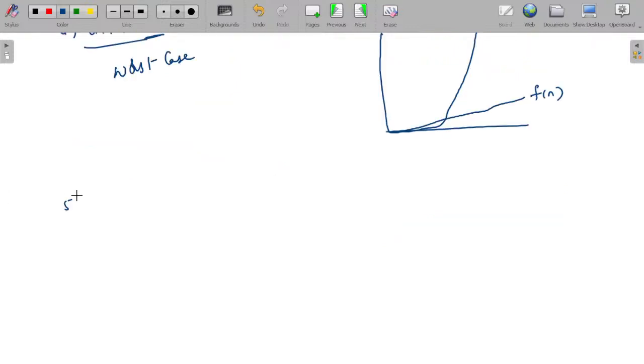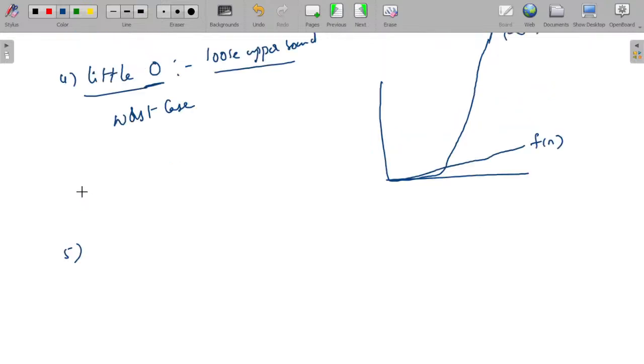And the last one is little omega notation. Similar to little o notation, it is used to represent a loose lower bound.